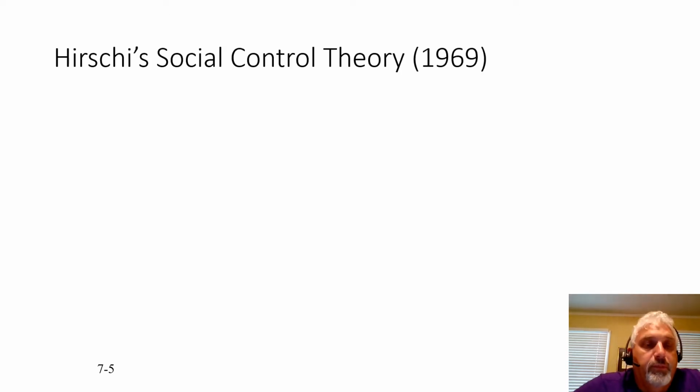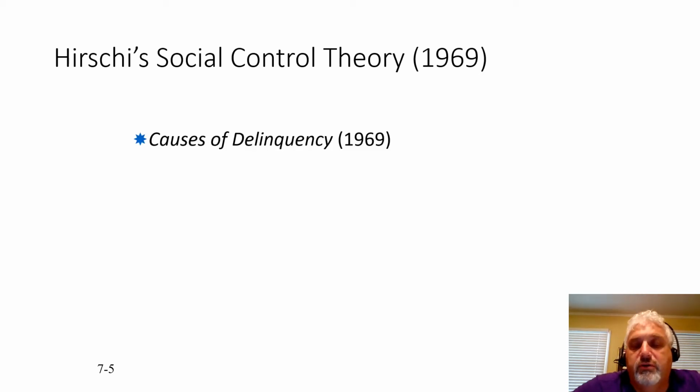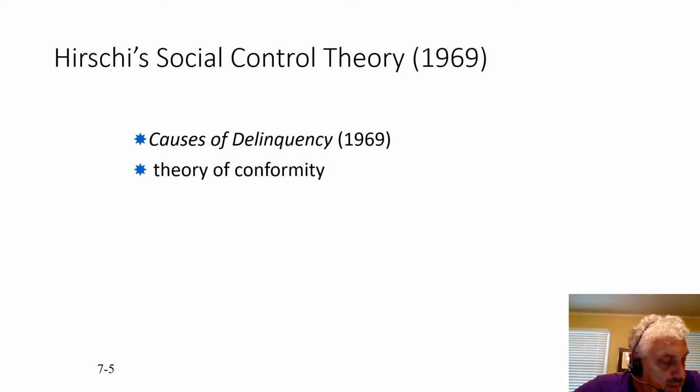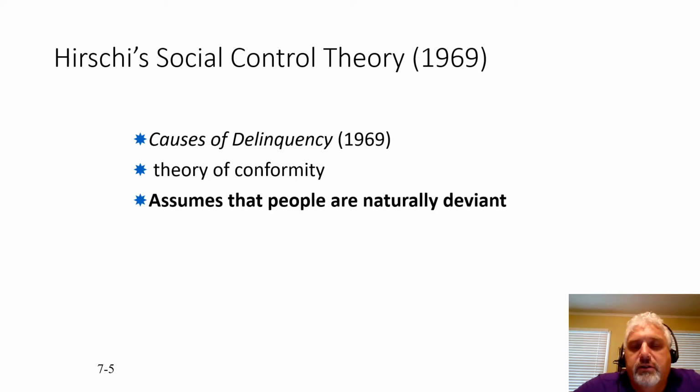So, Travis Hirschi, his book was published in 1969, and the book is titled Causes of Delinquency. Hirschi's idea is a theory of conformity, and it assumes basically that people are naturally deviant. This is completely different from the other perspectives we've talked about.